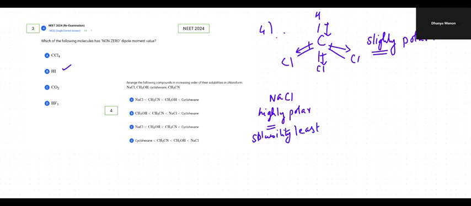Now coming to the next substance, which is CH3OH. In CH3OH, there is an alcohol group. Because of this alcohol group, they are polar as well as there is hydrogen bonding.